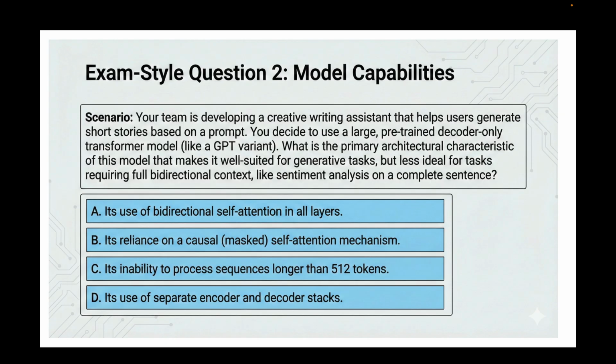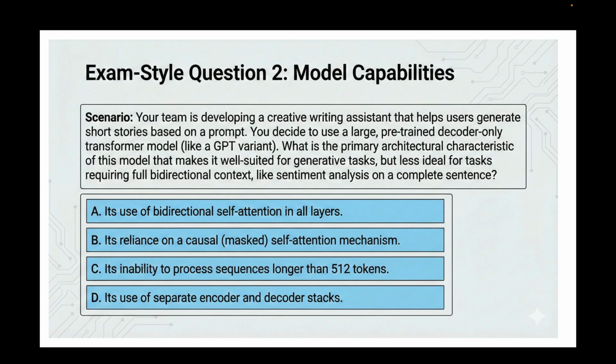The correct answer is B. Its reliance on a causal or masked self-attention mechanism. Decoder-only models are excellent writers because they generate tokens autoregressively, that is, one at a time, looking backward. The causal mask enforces this by preventing the model from cheating and looking at future tokens.